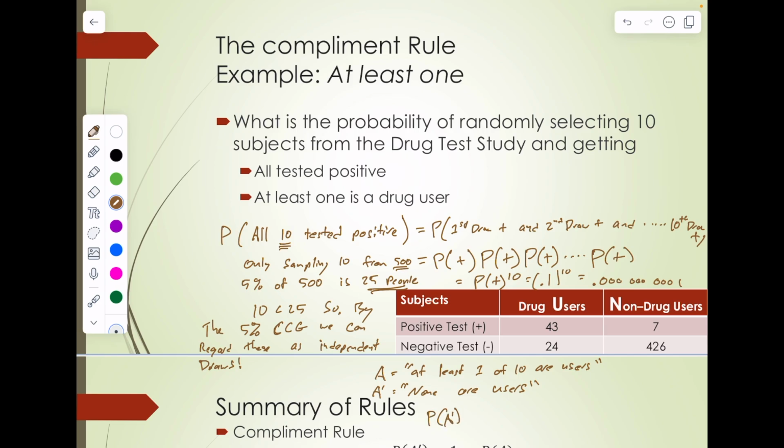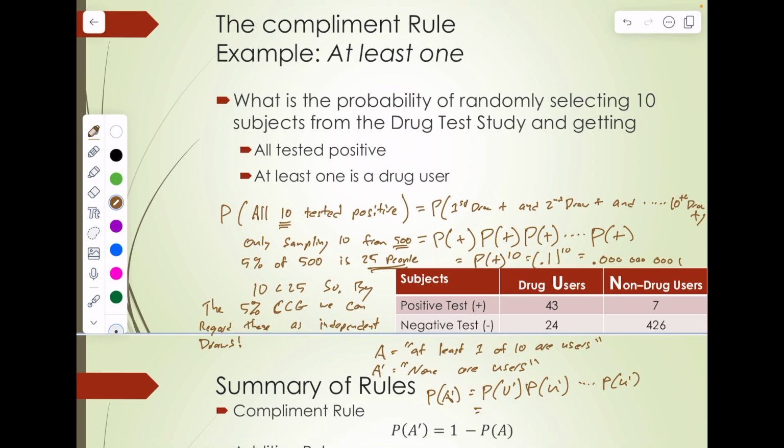So the probability of this is going to be probability of U complement times probability of U complement. Again, because we're sampling less than 5%, we can just multiply all of these. Probability of U complement, as our rule just below us indicates, is going to be 1 minus probability of U, and we raise that to the 10th.